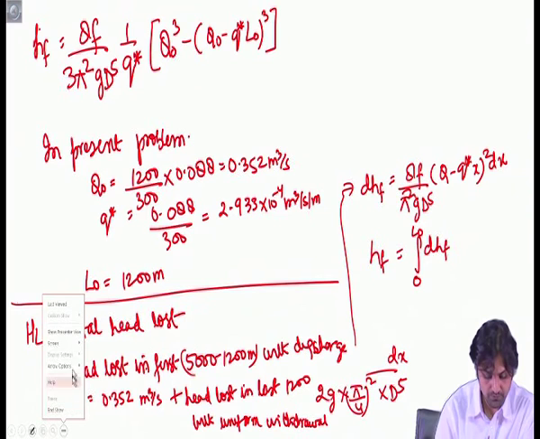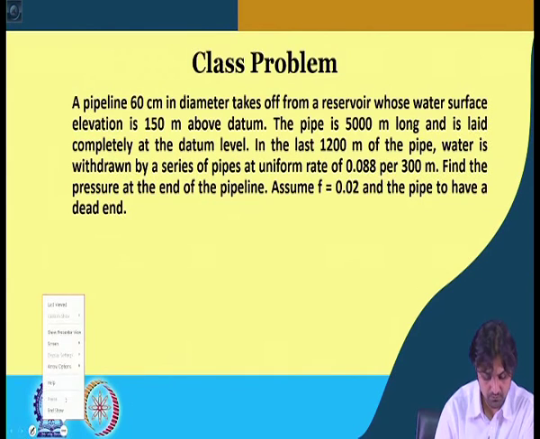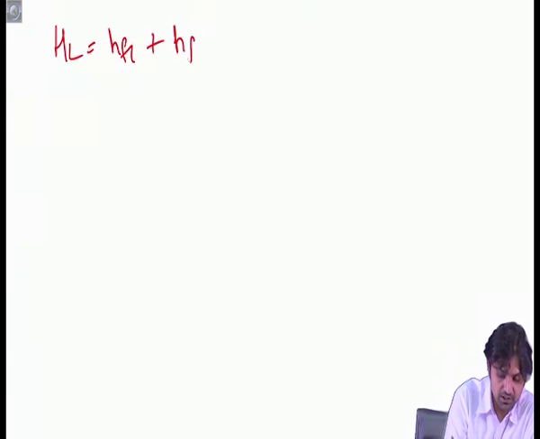So total HL will be HF1 plus HF2, and what is HF1?